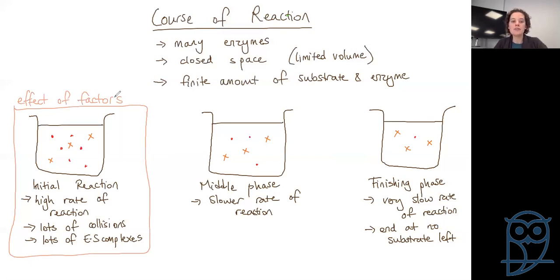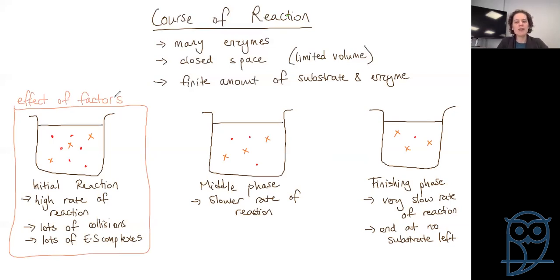Different types of enzymes would then be catalyzing different reactions. So each different type of enzyme would go through initial, middle, and finishing for its reaction. But they could have different reactions, they could have different speeds. Sometimes you have different enzymes catalyzing the same reaction, but they work at different speeds because they are different enzymes.